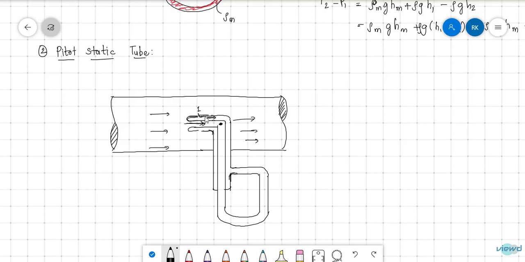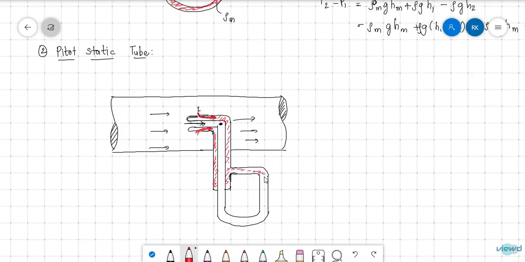So the fluid, let me take another color. The fluid entering from here is static pressure. From here there are holes present on the outside tube, and the fluid enters in this outside tube, and this is the static pressure.